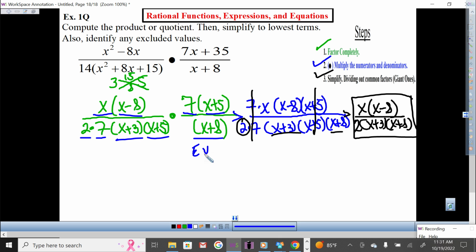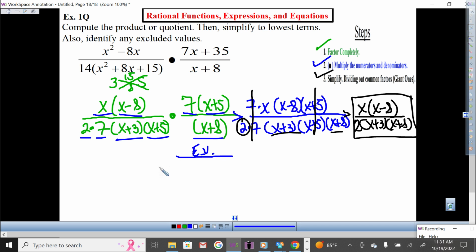Excluded values. Before I call on someone, tell your neighbor what we're going to write in order for us to find all the excluded values. All right? Tell me what to write, please.